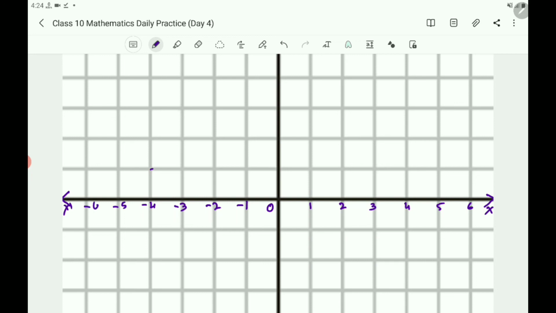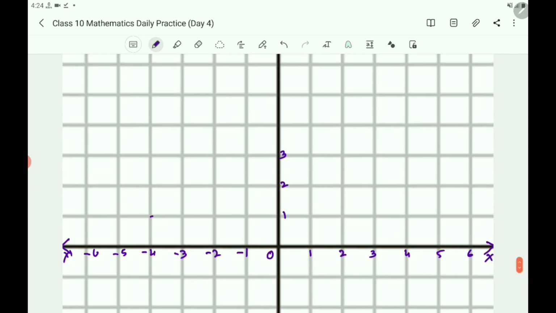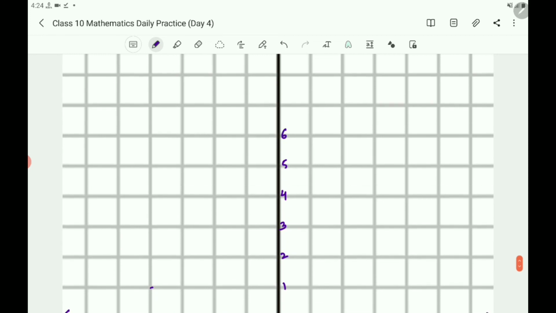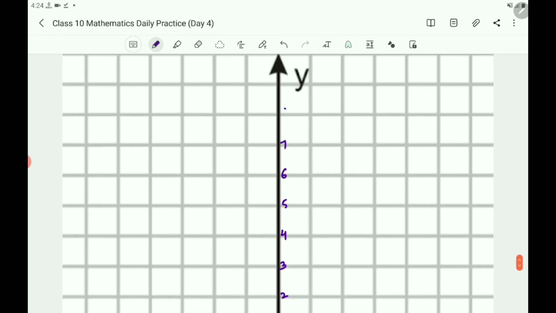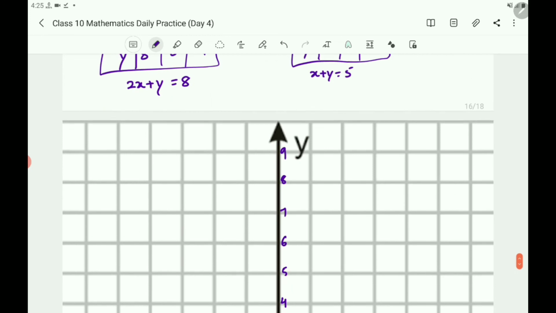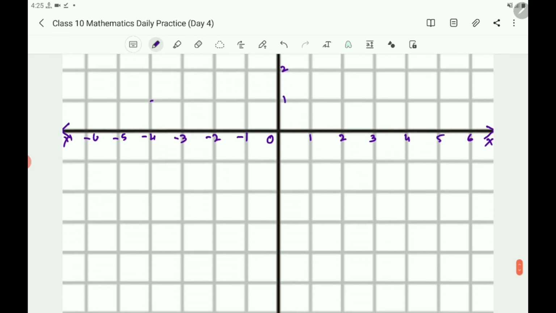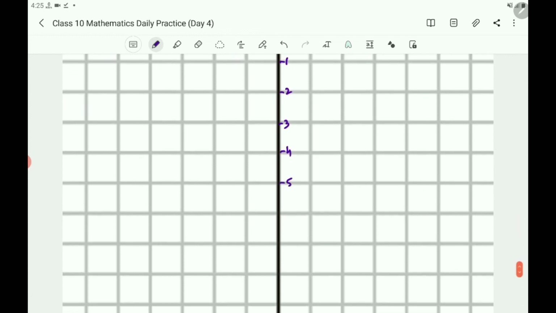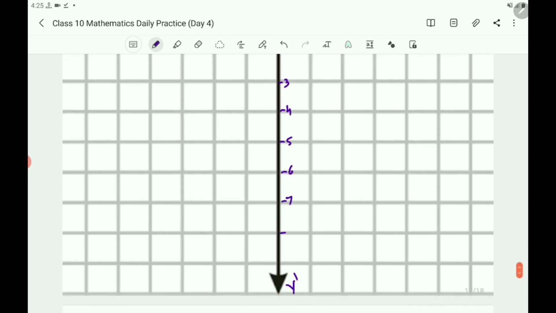On the y-axis also you can take 1 to 9, and minus 1 to minus 8.